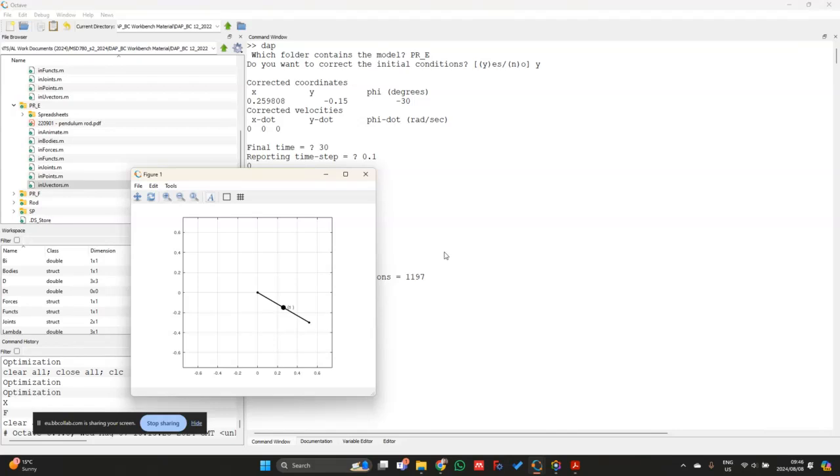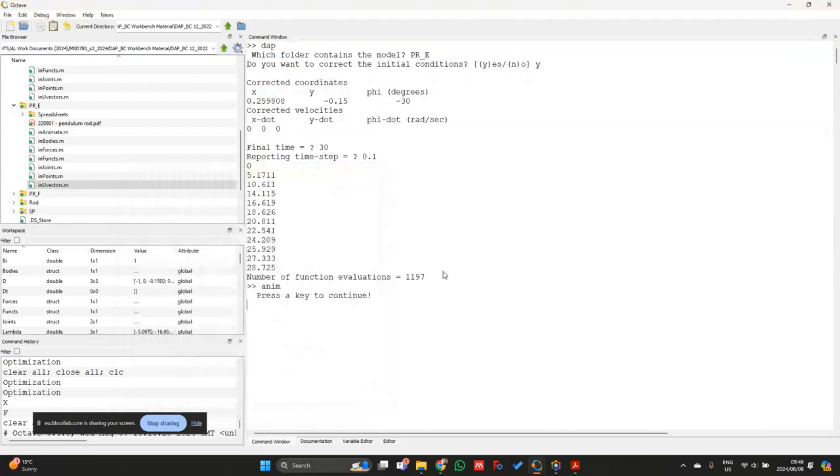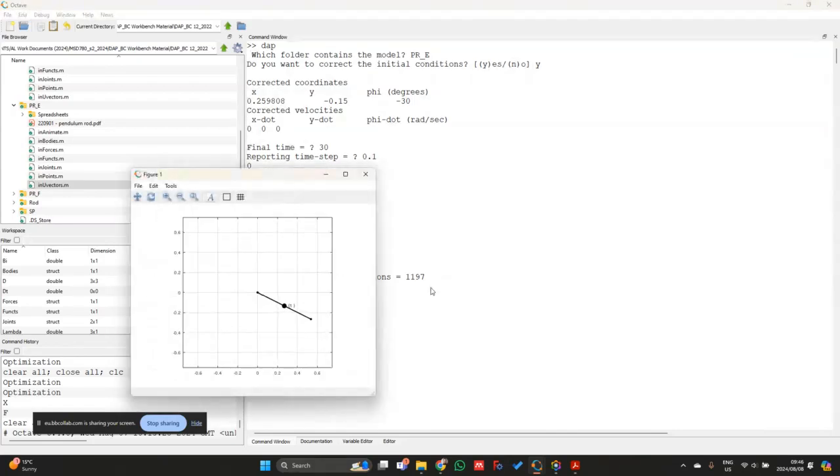I just go to animate again. We run this one. Now we can perhaps better see this motion of this thing. So it started relatively slow. As it's moving, it's now sort of picking up speed. And we can see it's also now rotating in the counterclockwise direction. So it was a good choice to make the upper Y limit 0.75 so that we can actually see how this thing rotates.